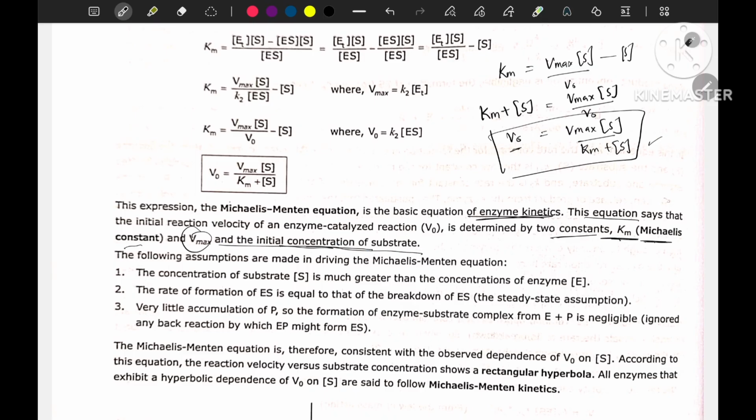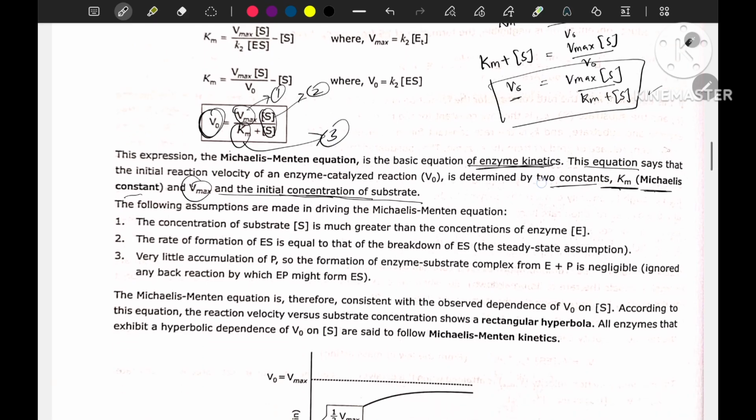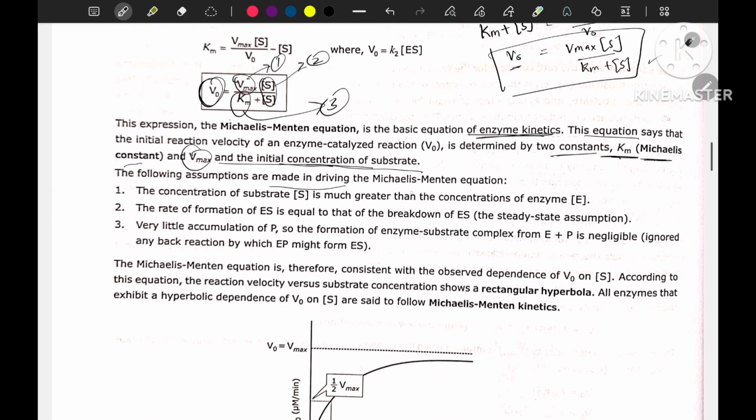Okay, we are thinking about three things here. To find out the initial velocity, we need to know V max, 1, the substrate concentration, 2, and the Km, Michaelis constant, 3.